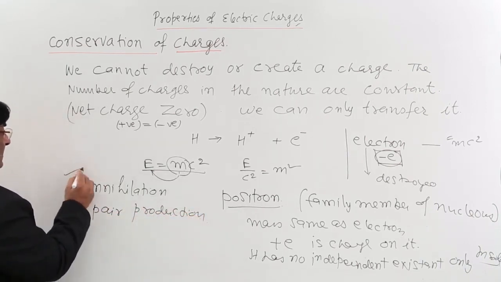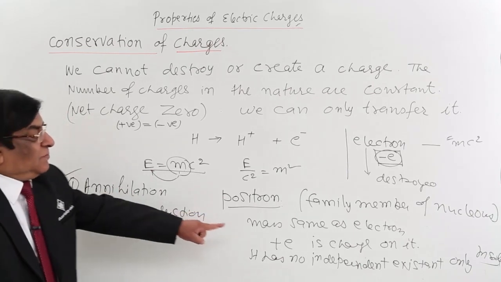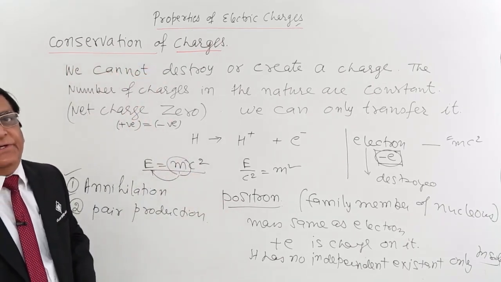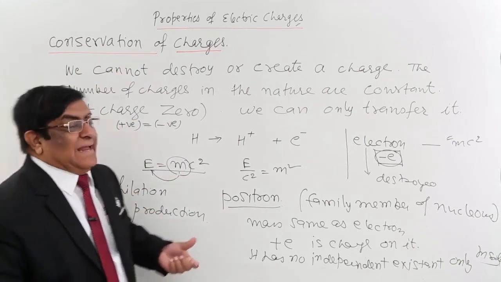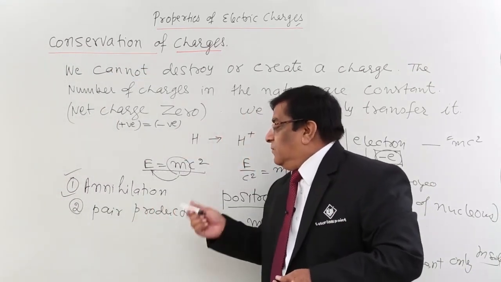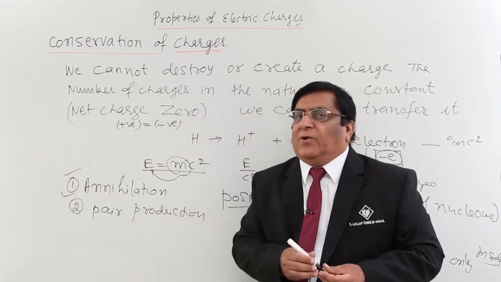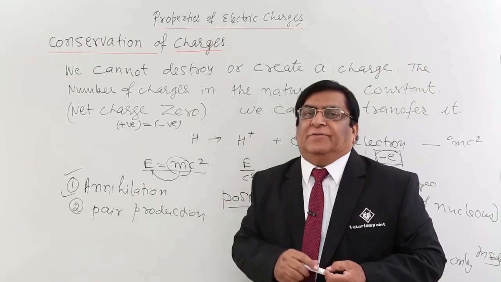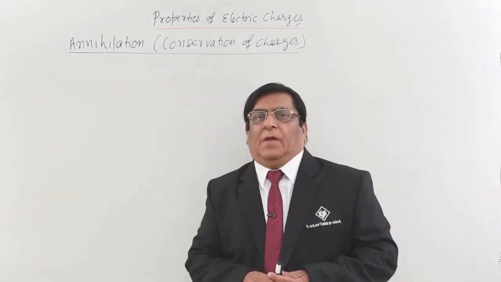These are the two reactions which we explain, and that also explains conservation of charges. So now in the next class I will tell you what is annihilation, what is pair production, and how they take care of our main principle, conservation of charges.